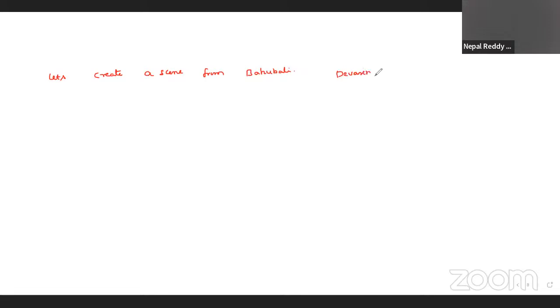Assume that Devasena is trapped at the position capital D, and Bahubali is at point B.